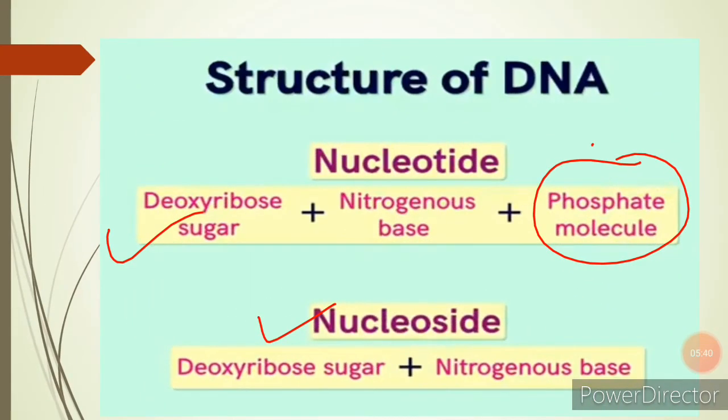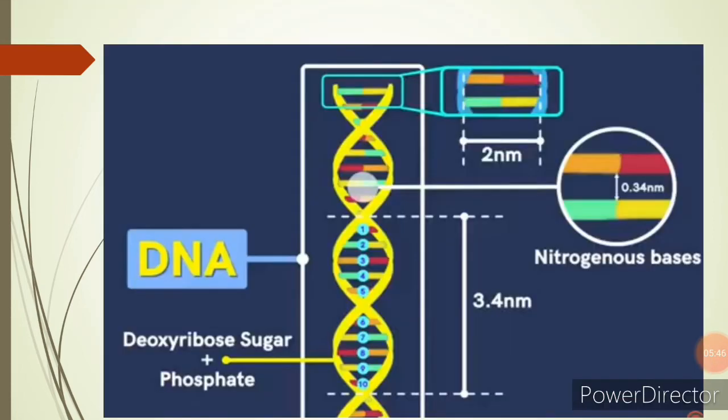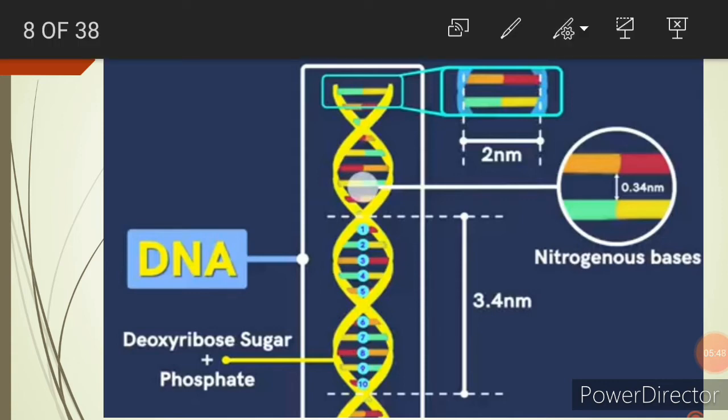Now, is there any way of measuring a DNA molecule? You can see here in this slide. What about its dimensions? The dimensions of DNA are very simple and easy to remember.